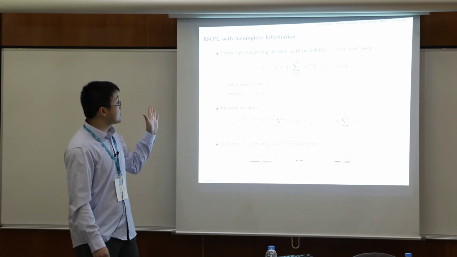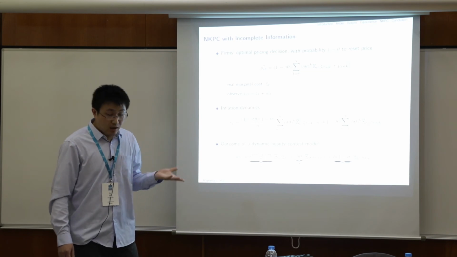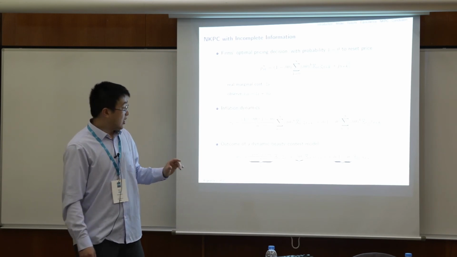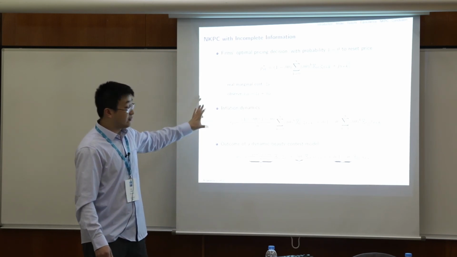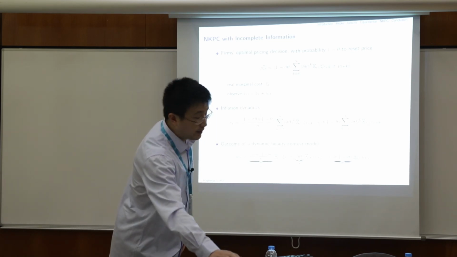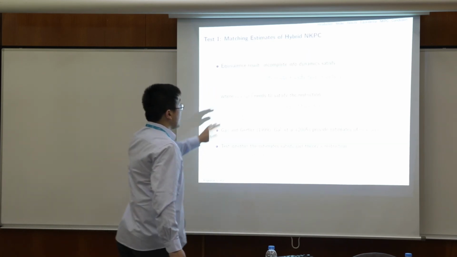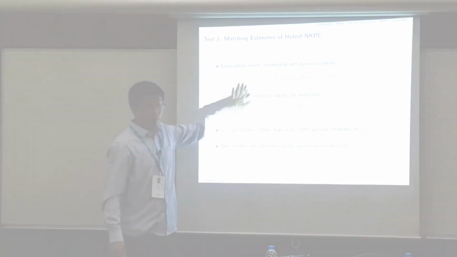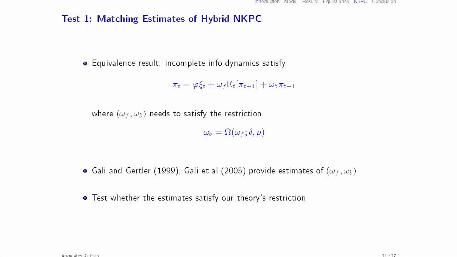Okay, so this is the model. Based on our equivalence result, the outcome of this model with incomplete information can be replicated by this particular hybrid economy. And this is the same model as in the Galí-Gertler model. We can see whether their estimates of omega B, omega F fall on this red line we showed earlier.